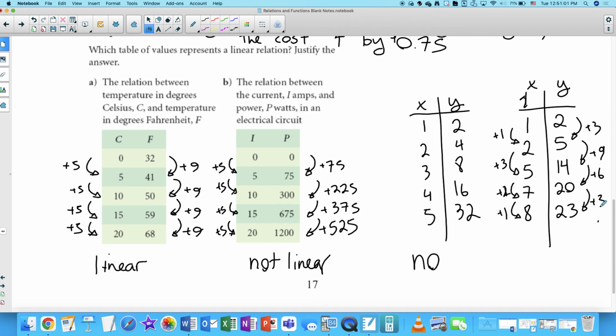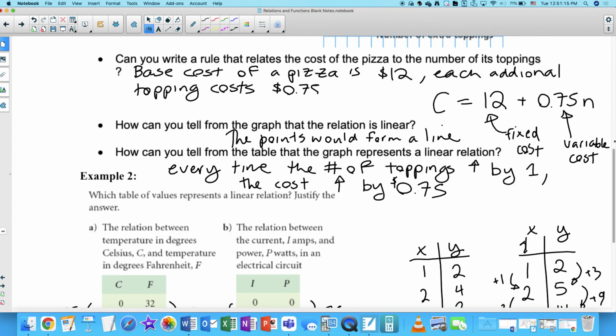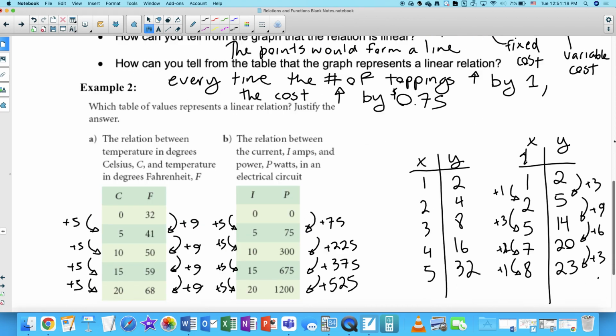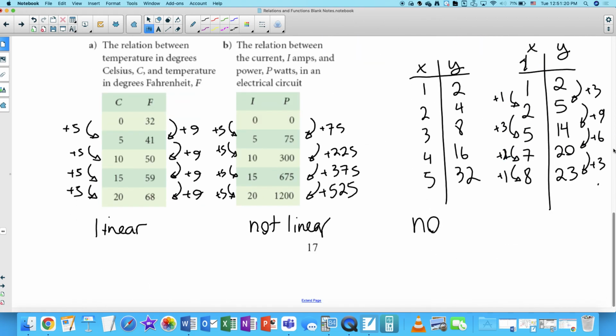But if you look at the proportionality, it is constant, right? So x changes by 1, y changes by 3. Now x changes by 3, and y changes by triple that, okay? This changes by 2, and this changes by double 3, right?